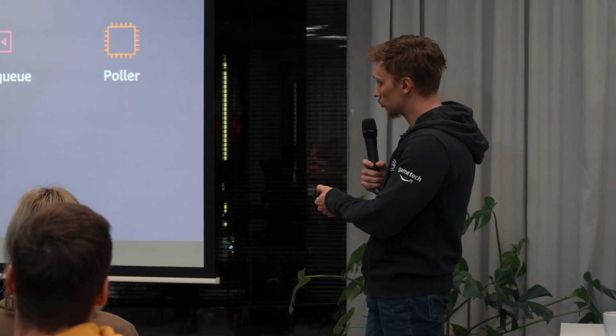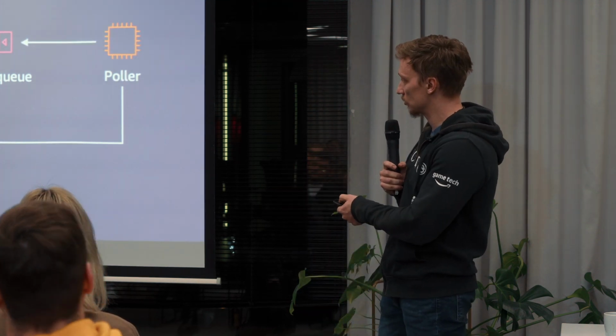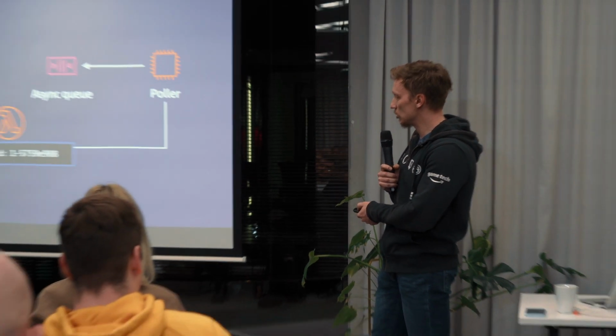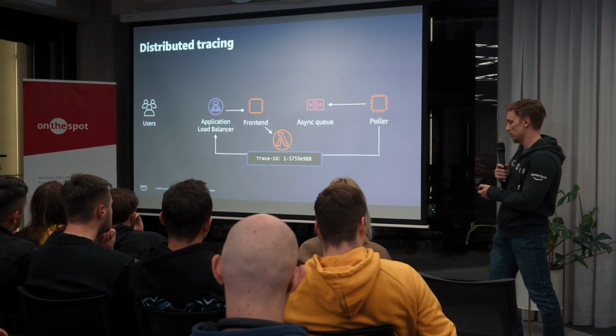Once it hits your load balancer or service, we attach this small thing called a trace ID. It's auto-generated, and we propagate this trace ID through the whole system, through all the related microservices, and at each part of this path, we record logs, metrics, etc., and they are correlated with this trace ID. Yay, we have the whole chain.